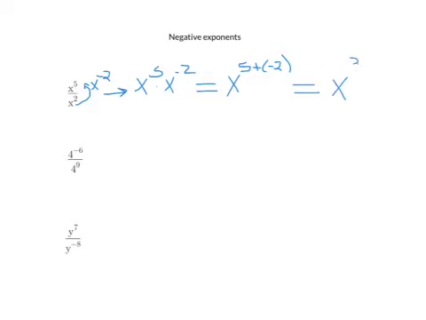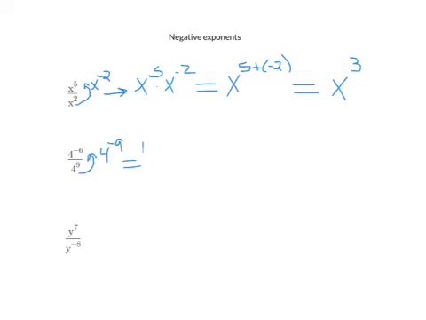If we're looking at our next problem, if we have a negative power in the top and then we have a positive power in the bottom, again we can move the 4 to the 9th to the top. When it moves to the opposite side of the fraction bar, it becomes a negative.